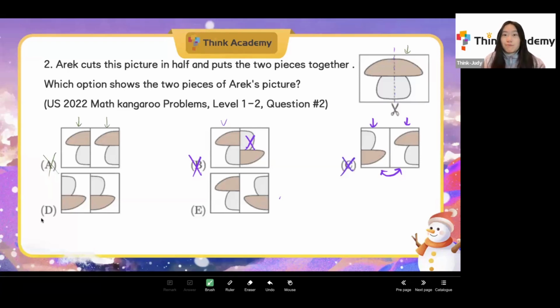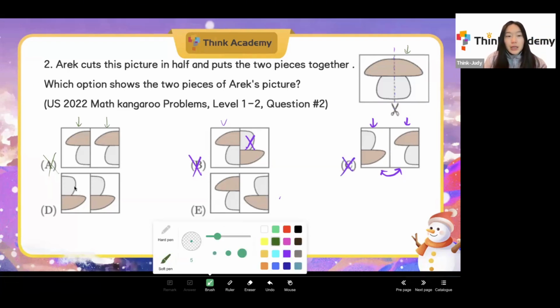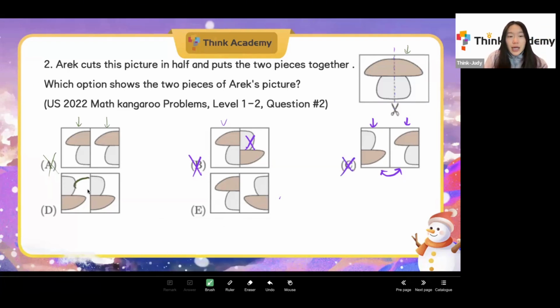Okay, so how about D? So for D, we need to do double the work, right? So you can see here, if it is like this, I can rotate it and make the left side as this. But how about the right side? Do you think it can be changed? No, they face each other, but the direction is also upside down, so D, not okay.